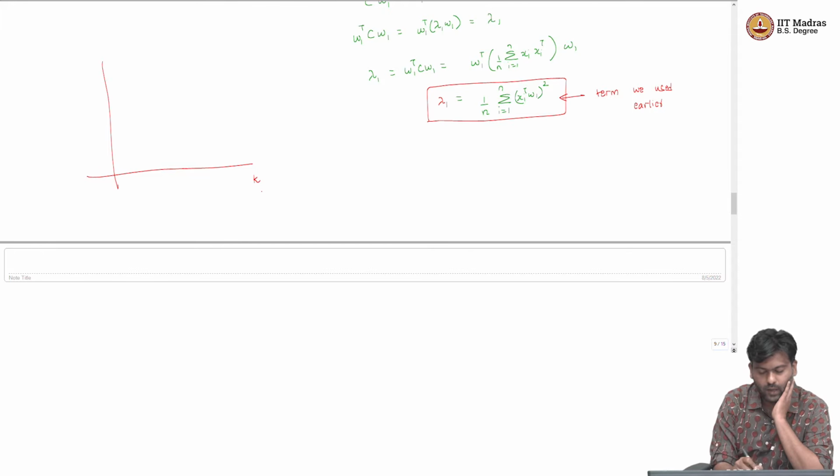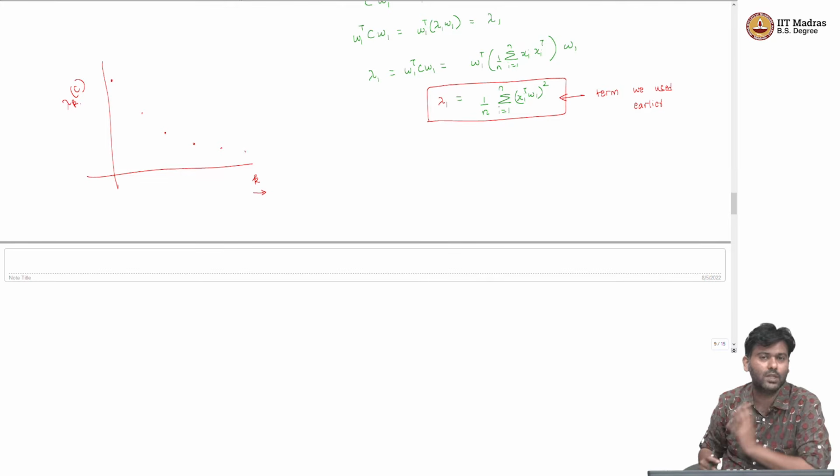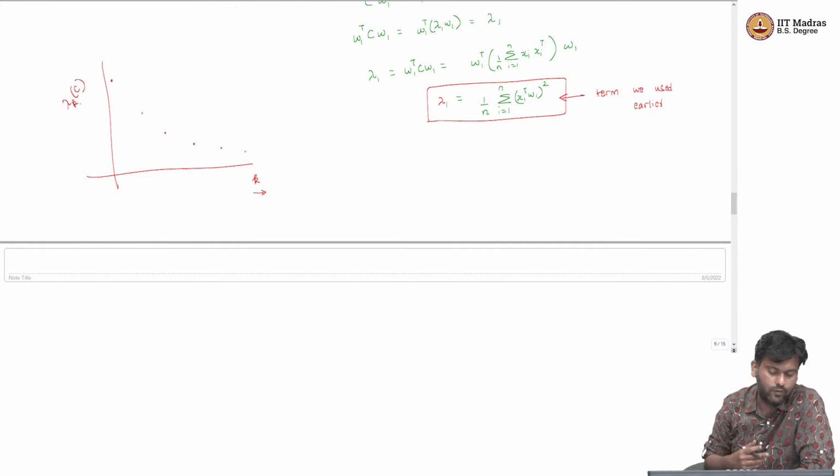You have k, which is the number of rounds or the kth eigenvalue, and let me put it small k. Now you have lambda k of the covariance matrix, and if you plot those, they are going to fall down. Our lambda k of C is the kth largest eigenvalue of C, because this is exactly the term that we used earlier too.